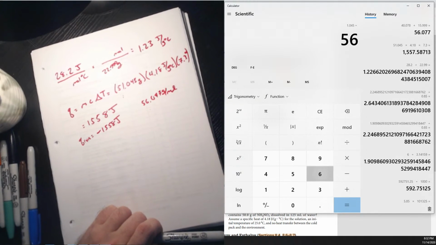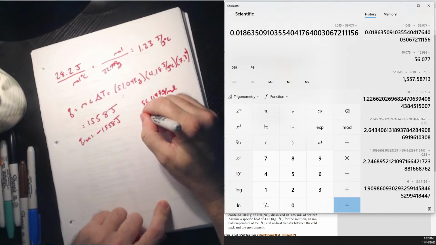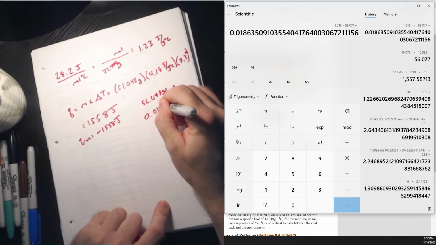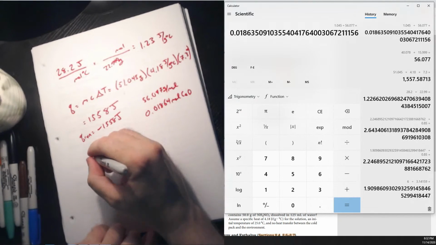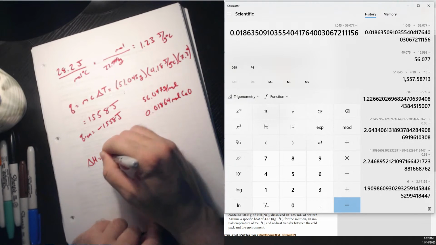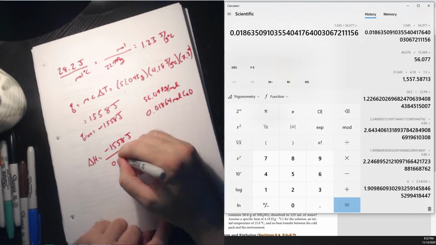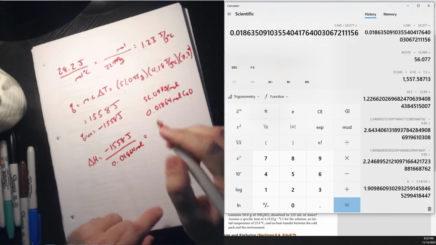1.045 divided by 56.077 is 0.01864 moles of calcium oxide. So delta H is equal to negative 1558 joules divided by 0.01864 moles.